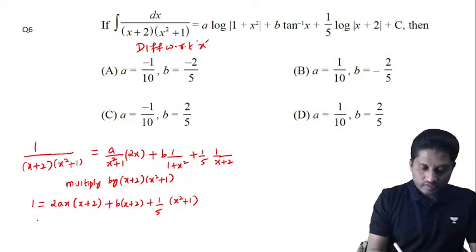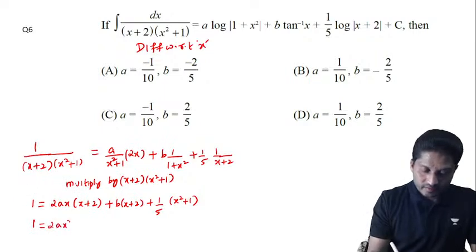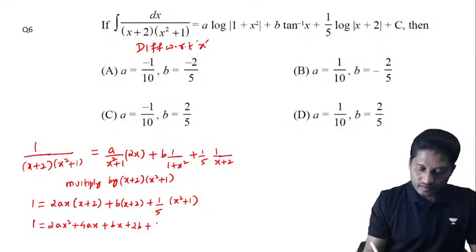Okay, now this is equal to 2ax square plus 4ax plus bx plus 2b plus 1 by 5 x square plus 1 upon 5.